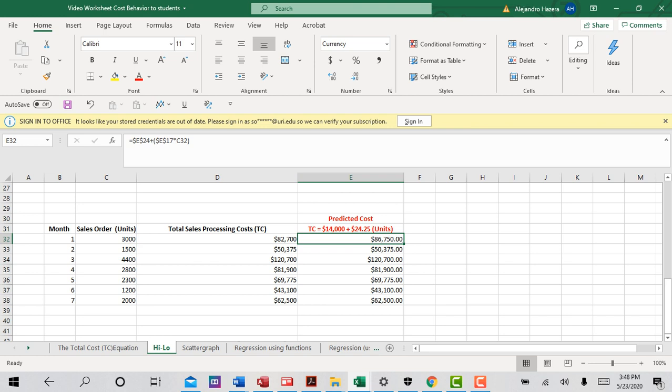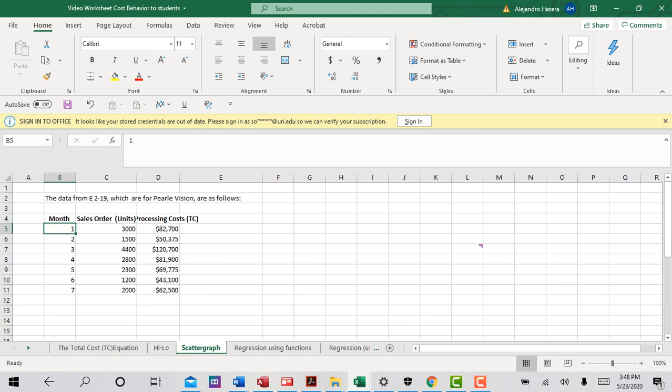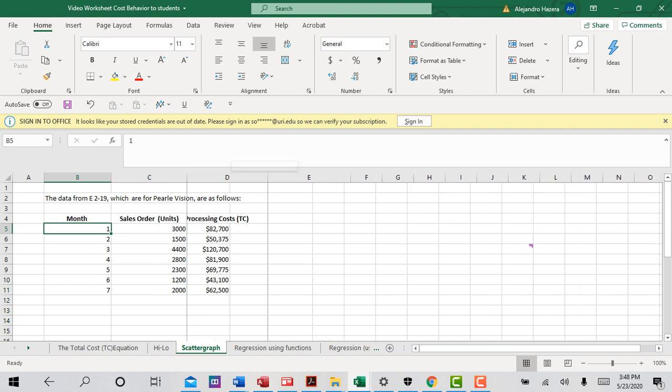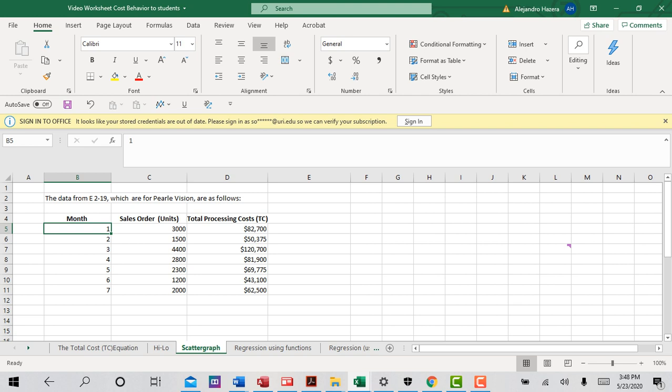The next way to build a cost function is to use a scatter graph. It's almost the same for the scatter graph as the high-low function. But in the scatter graph, we're going to make a graph and visually take out any outliers.